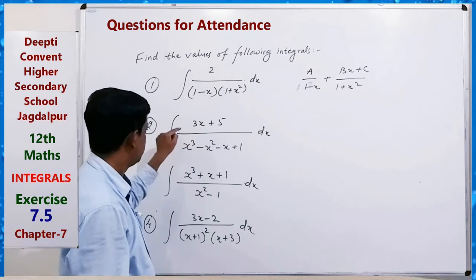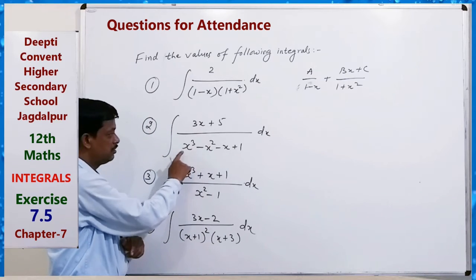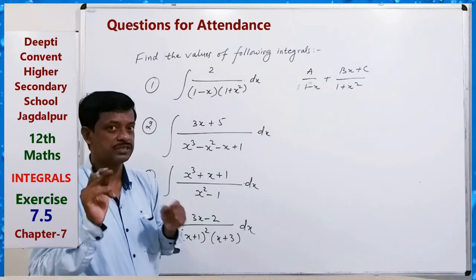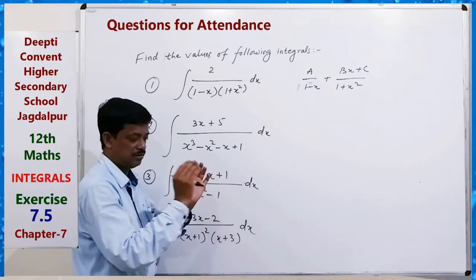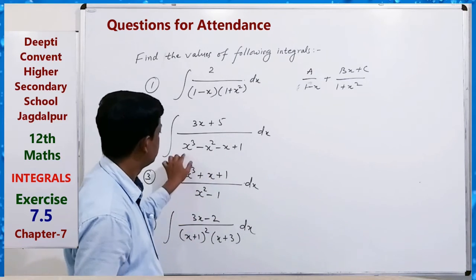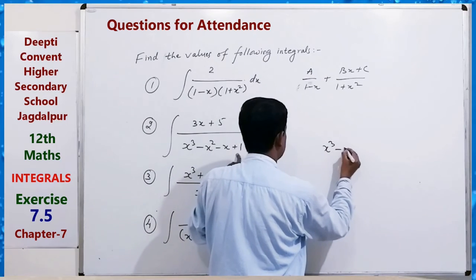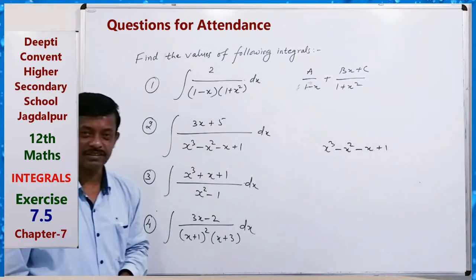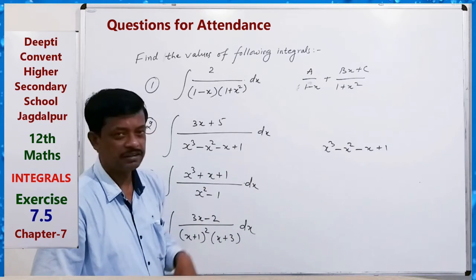Okay. In this question, the denominator is a 3rd-degree polynomial and the fraction is proper, so you can use partial fractions. First of all, you have to factorize the denominator, x cube minus x square minus x plus 1, into linear factors. A second-degree factor you can split by splitting the middle term, but here it is a third-degree factor.